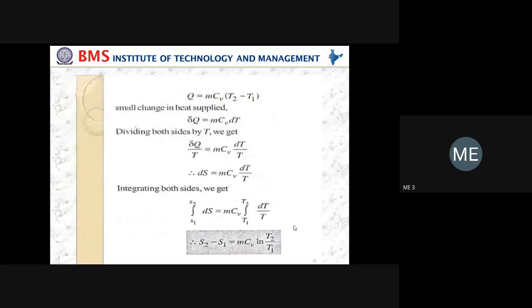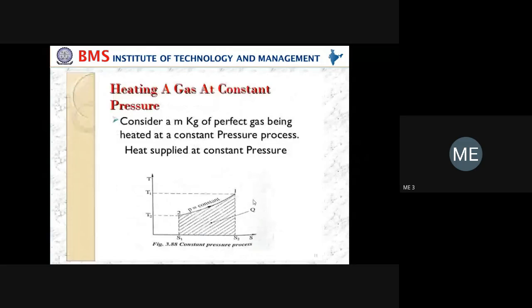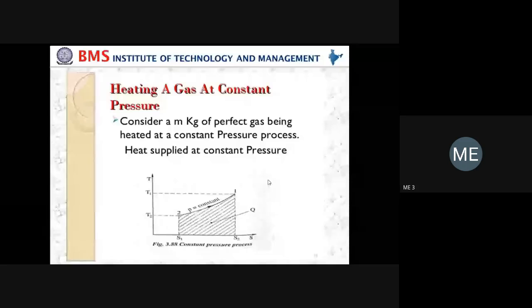Then the second process: how to write the TS diagram for constant pressure process. The other name for constant pressure process is isobaric process. Another name for constant volume is isochoric, and another name for constant pressure is isobaric process. You'll get the same nature of curve.